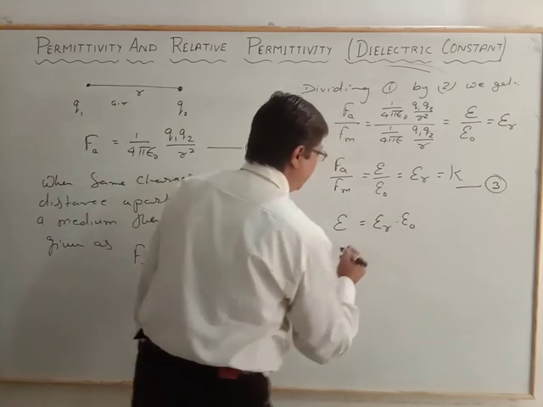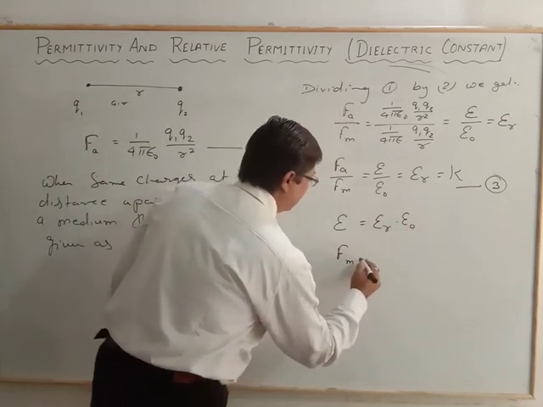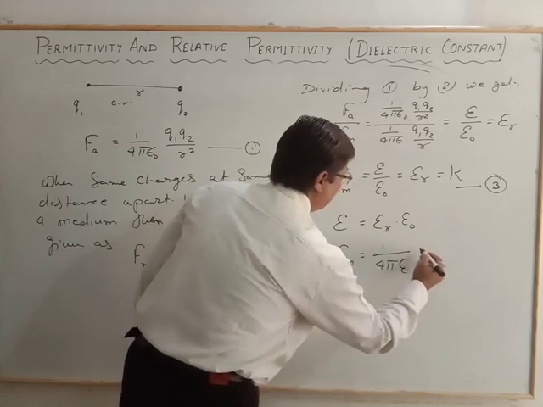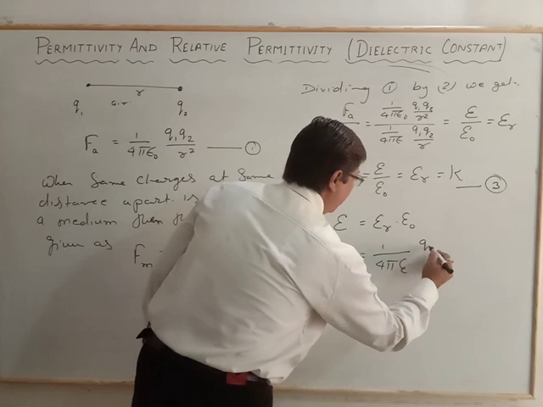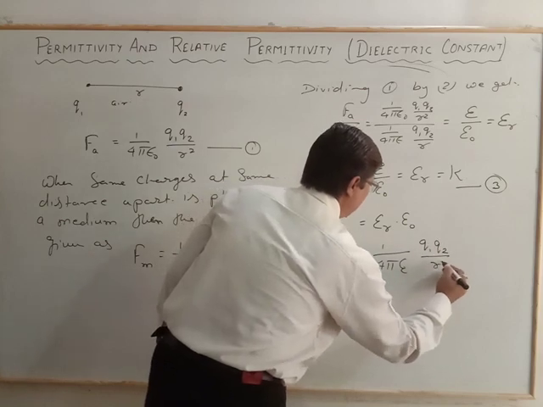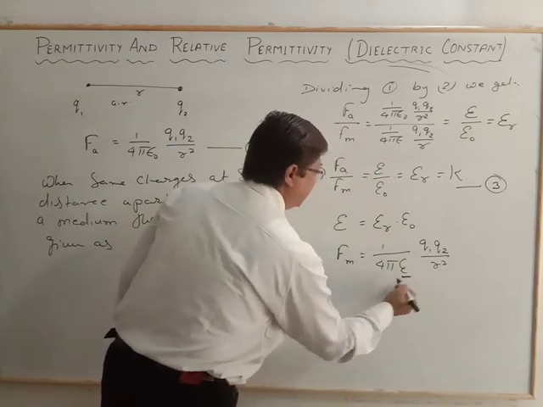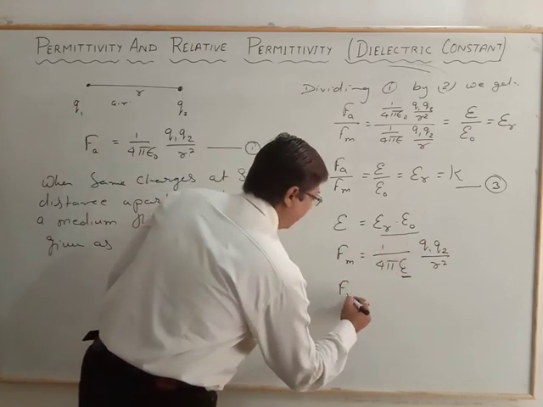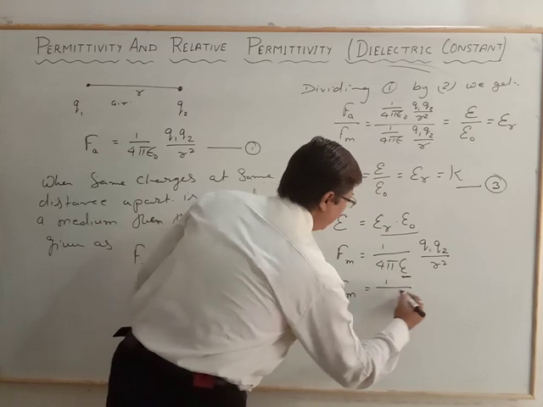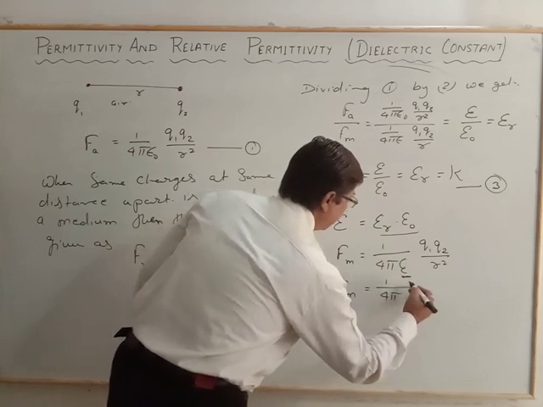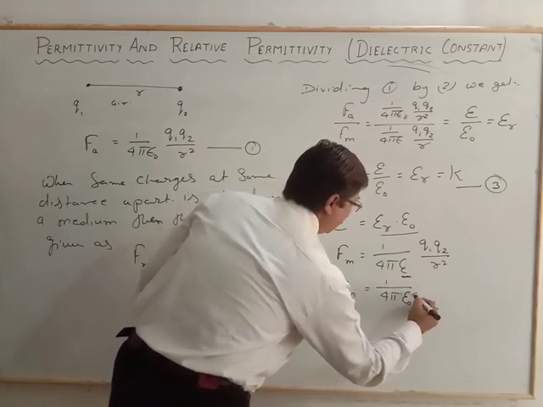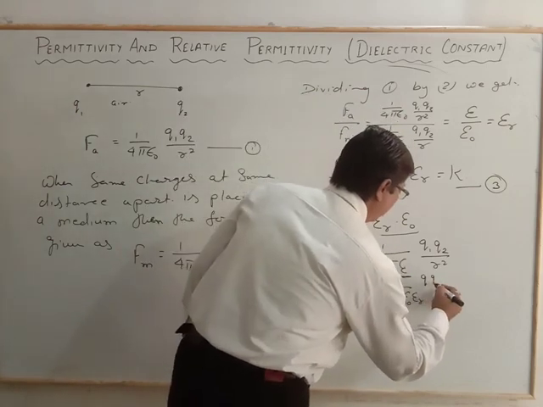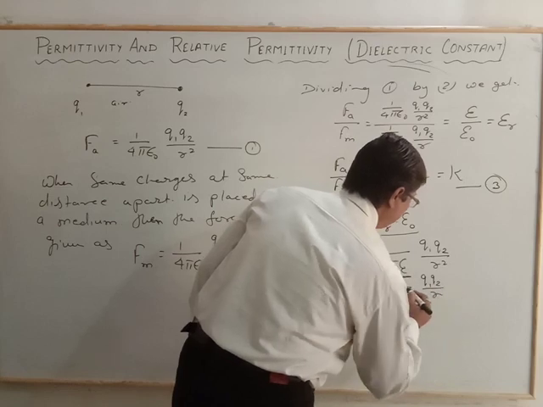If we consider the medium, F of the medium is equal to 1 by 4 pi epsilon Q1 Q2 by r square. In place of this epsilon, we may write epsilon naught into epsilon r, the relative permittivity. So F medium is equal to 1 by 4 pi epsilon naught epsilon r Q1 Q2 by r square.